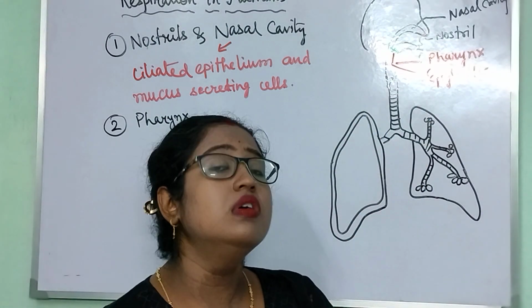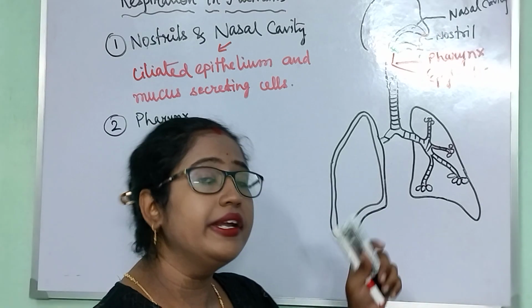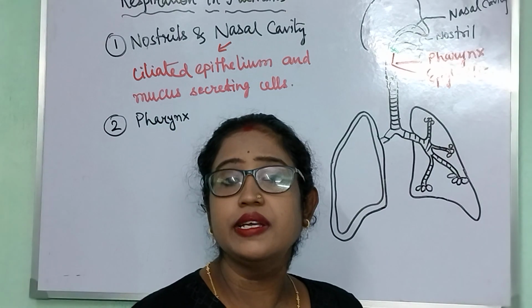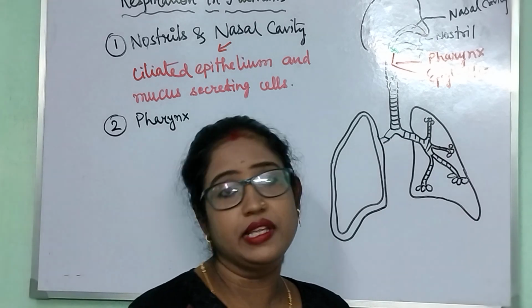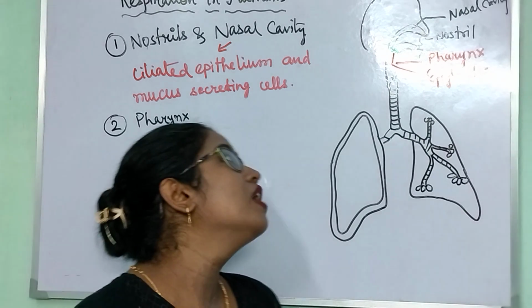The pharynx is also lined by ciliated epithelium and mucus secreting cells.